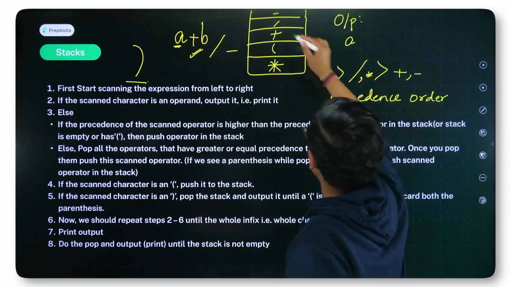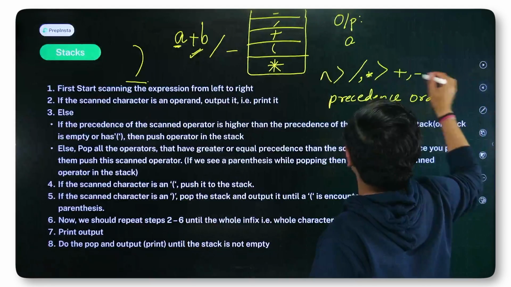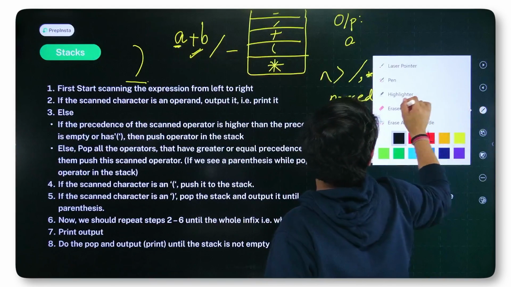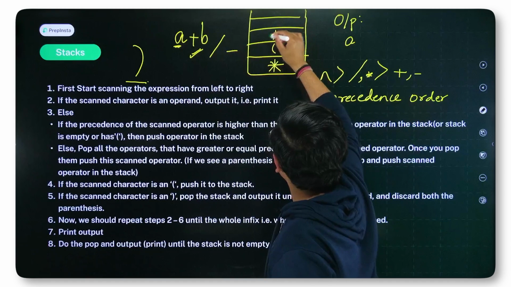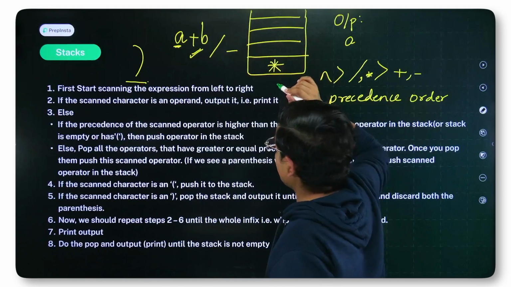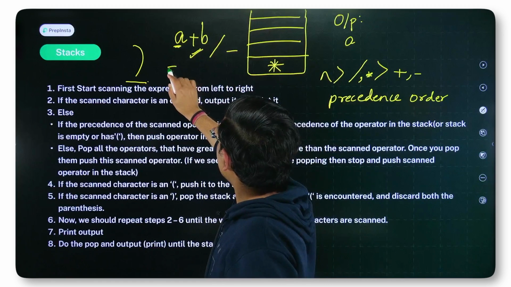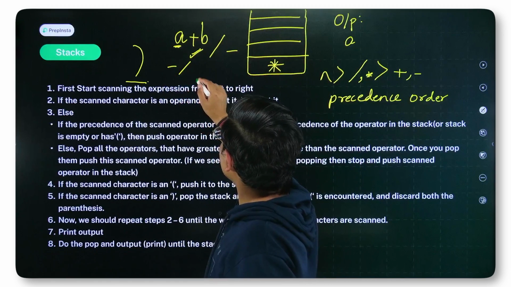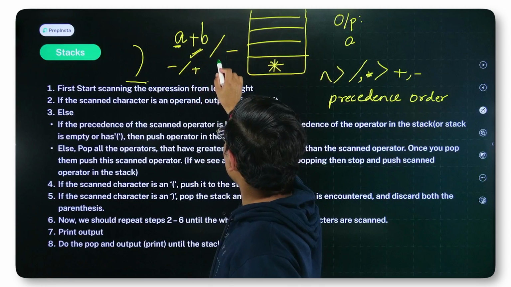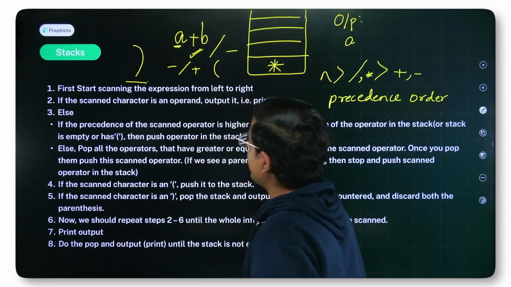all this. You pop this, just a minute, you pop this, you pop this, you pop this, and you also pop this, fine. So basically you have popped minus, you've popped division, you've popped plus, and then you popped this opening bracket, fine.